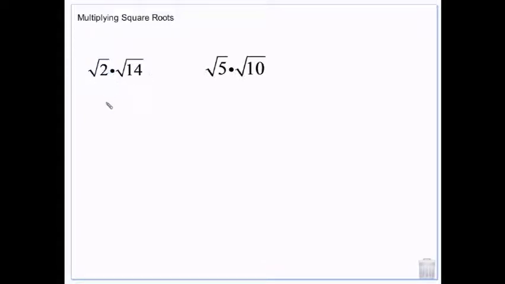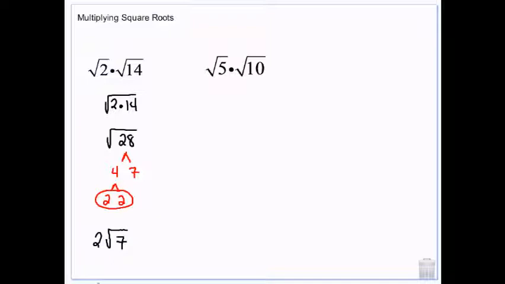So what I can do is multiply these together, and this is the same thing as the square root of 2 times 14, which is the square root of 28. And then 28 is 4 times 7, and 4 is 2 times 2, so I have that perfect square pair. Yay. So I can bring that out.